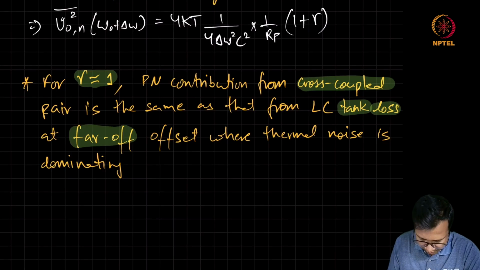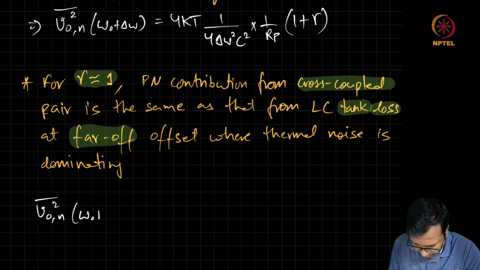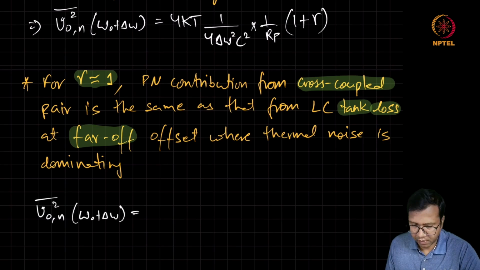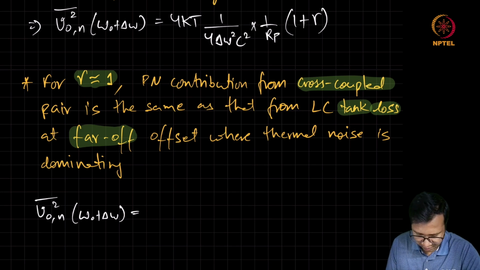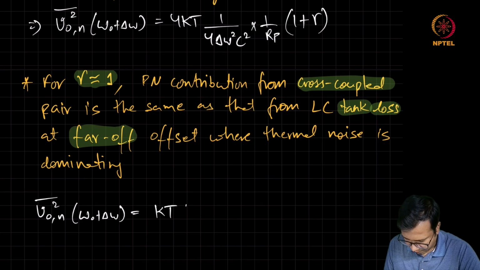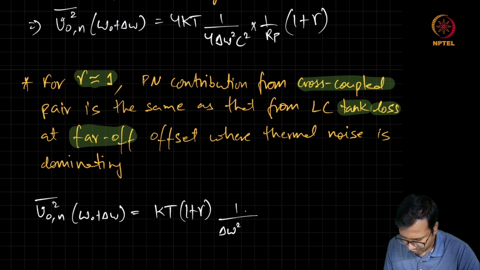So now let us try to rewrite this output voltage noise in terms of the Q of the tank. Here we can see that this will become KT (1 + gamma) times 1 by delta omega square C square RP.